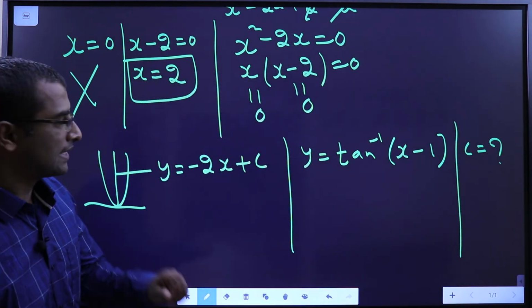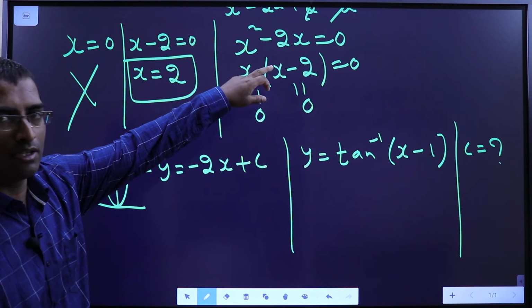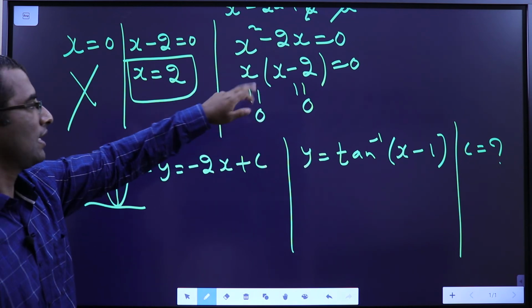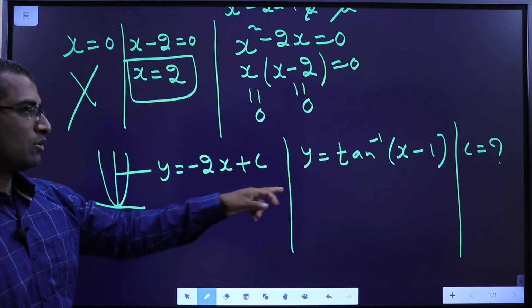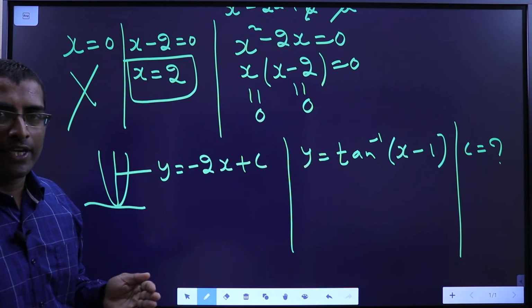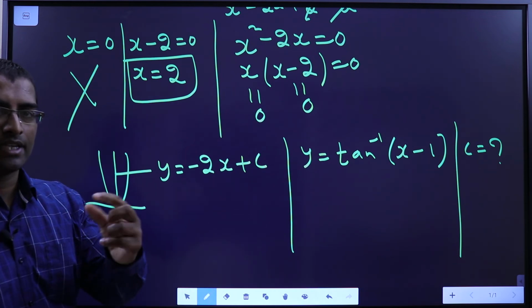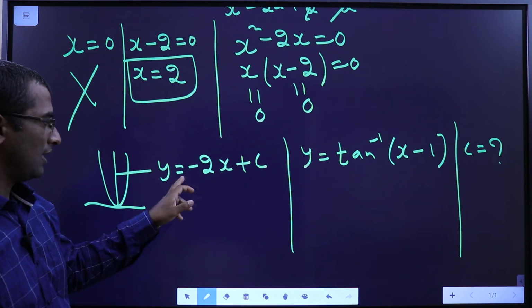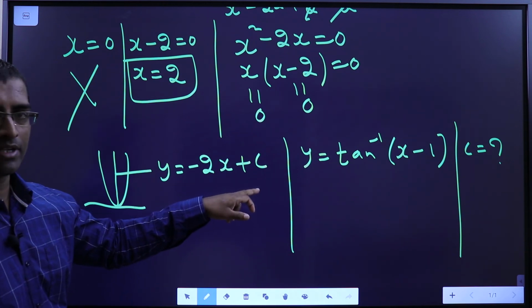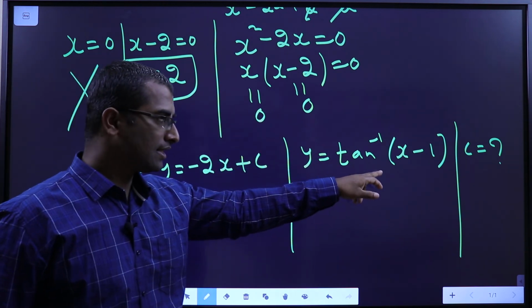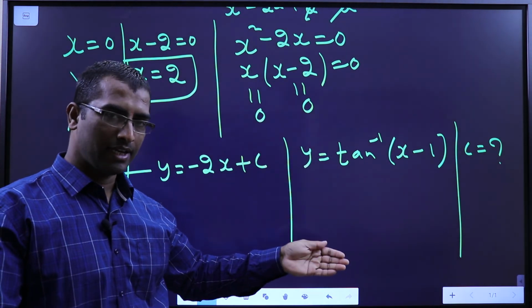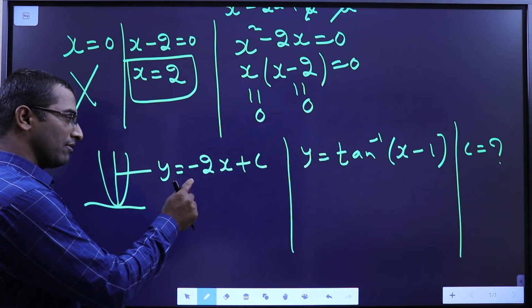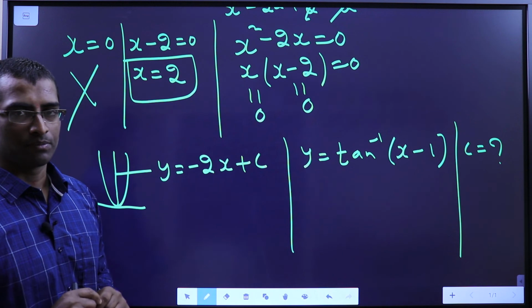Clear? By making use of m1 into m2 equal to minus 1, I got x value equal to 2. Out of these two, in which equation do I need to replace x equal to 2 to get the value of y? If I replace in this, c will be left out. So I replace in this equation to get y. After getting y, I replace x and y in this to get c.